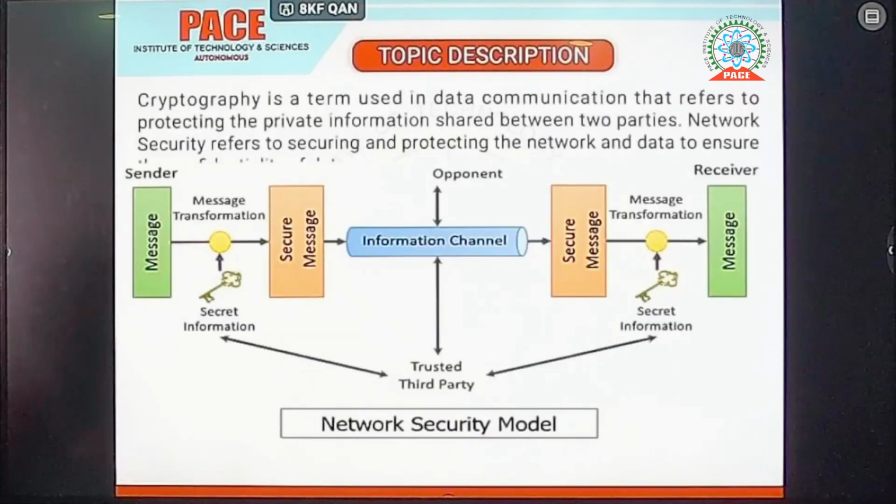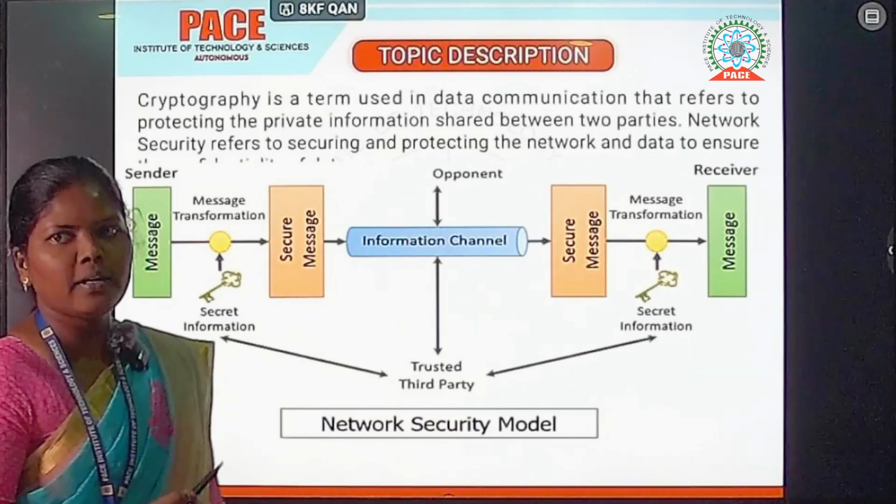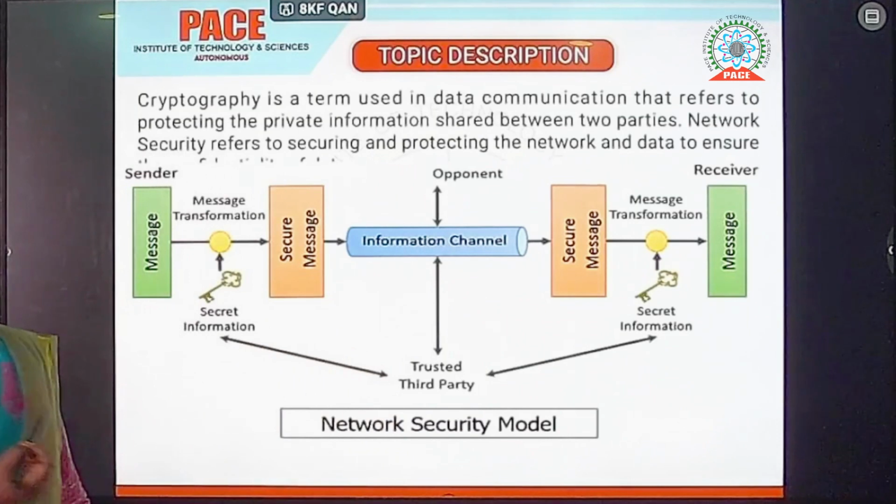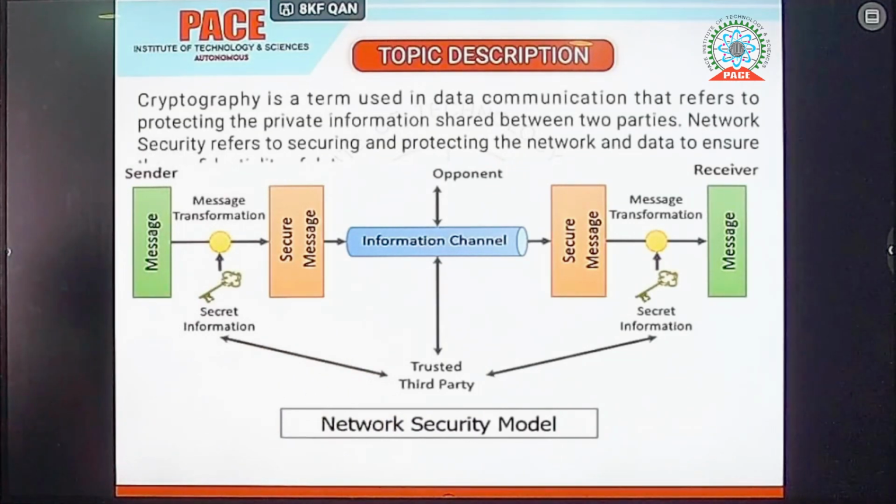Then the main topic: what is cryptography? Cryptography is a term used in data communication that refers to protecting private information shared between two parties. Network security refers to securing and protecting the network and data.